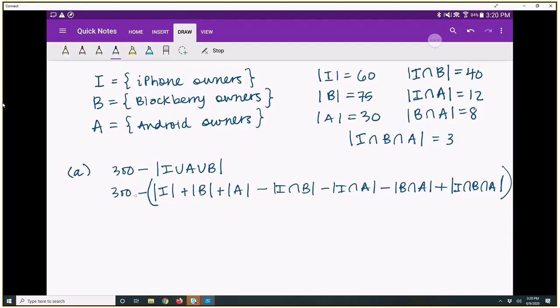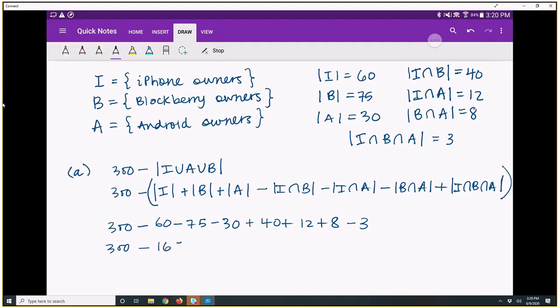But I have to remember to distribute that minus all the way across. So that's going to be 300 minus 60 minus 75 minus 30.